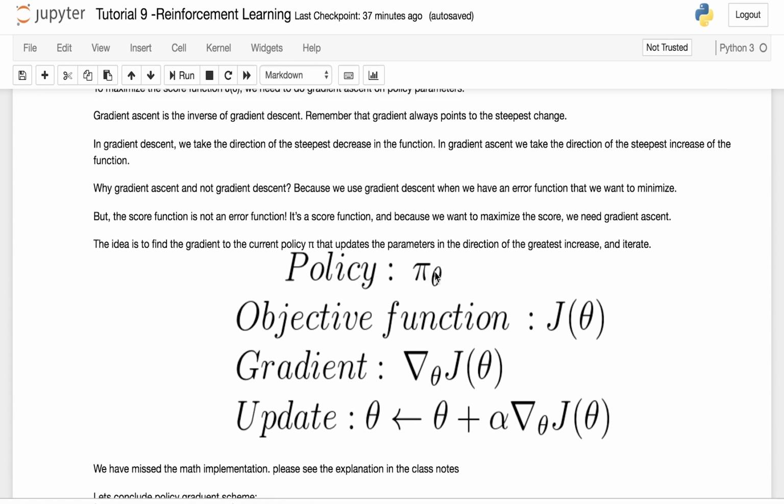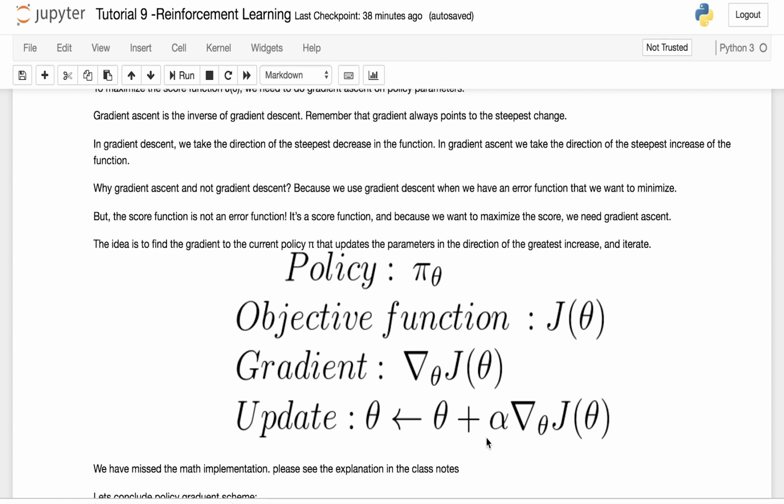So first we have policy pi. Then we define the objective function J theta that we want to optimize. Then we define our gradient, the gradient of J theta, and our update of theta will be theta plus.